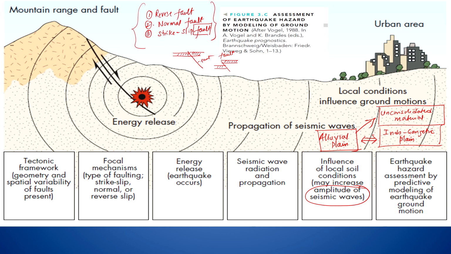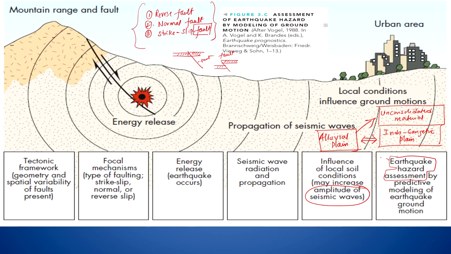So, finally, with all these parameters, one can talk about the hazard assessment. Because it is associated with the process of earthquakes, this is what we call the earthquake hazard assessment.